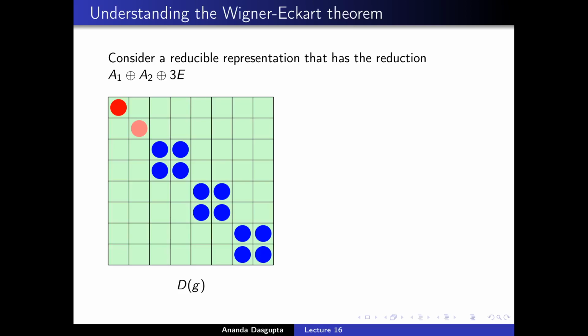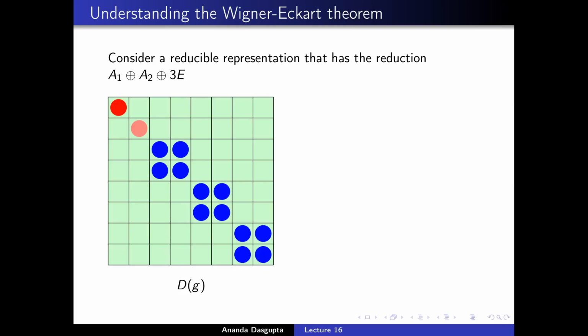It will have two one-dimensional irreps sitting on the top two corners. Those are the red and the pinkish blob that I've drawn there. Then there are these three copies of the irreducible representation labeled by E, a two-dimensional irrep. So each and every one of the DGs will have three 2 by 2 blocks on the diagonal.